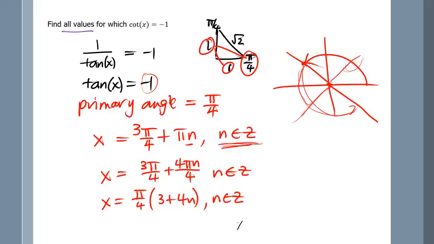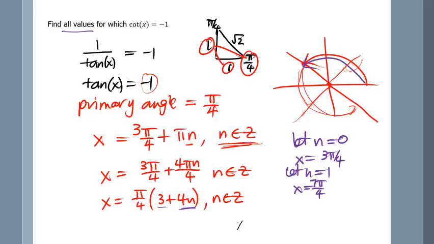If I was to let n equals 0, I'd get my first solution, x equals 3 pi on 4, because if I put 0 in there, I just get 3 pi on 4. If I let n equal 1, I'm going to get 3 plus 4, which is 7 pi on 4.